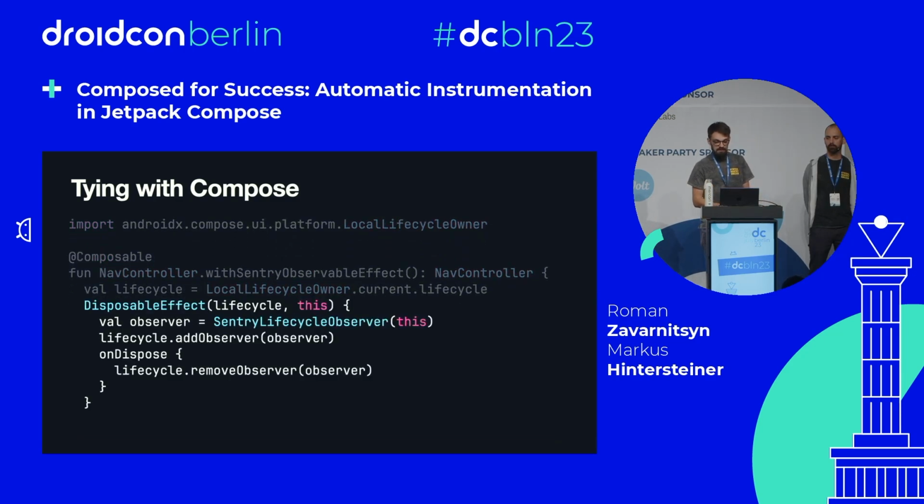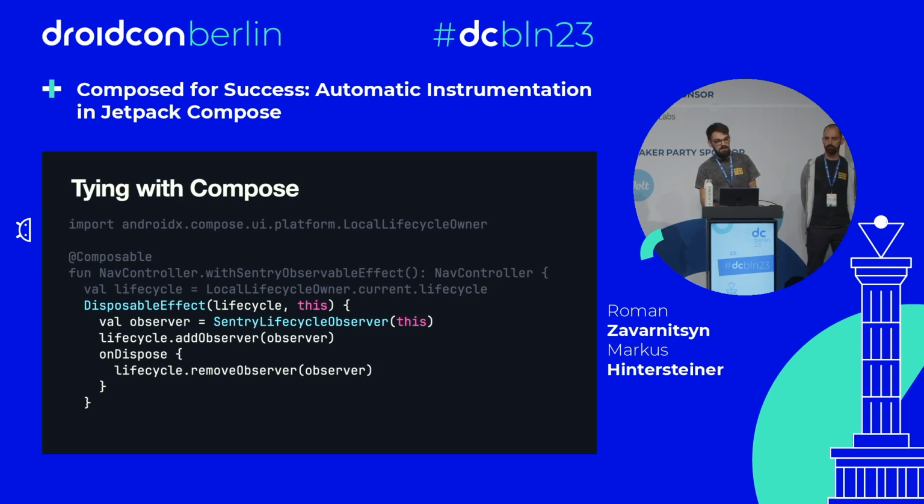After that, we would create our observer, and we would add our observer to this lifecycle. But another thing we want to do is also remove the observer to not consume unnecessary resources when the composable leaves the composition, or whenever any of the lifecycle or navController instances change.